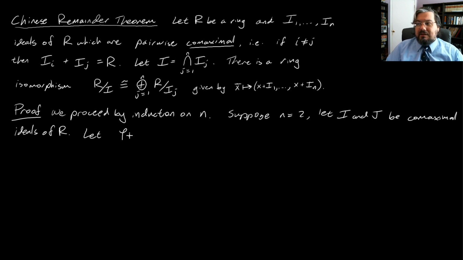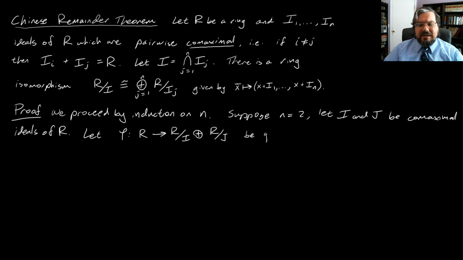Let's let phi go from the ring R to the direct product R mod I, direct sum R mod J, and we're aiming to use the first isomorphism theorem to prove that R mod I intersect J is isomorphic to this ring on the right.